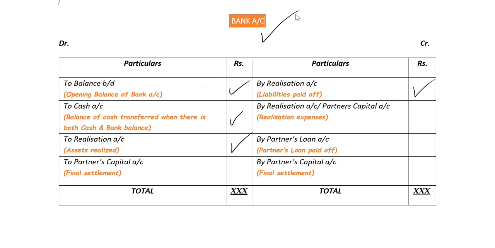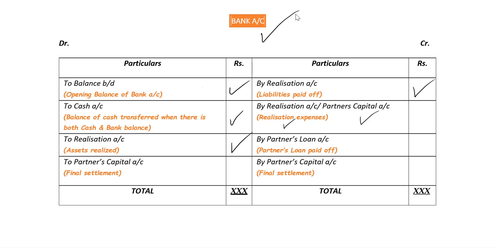For any realization expenses which is to be borne by the firm and also paid by the firm, we will write by realization account. And for any realization expense that has to be borne by the partner but is paid by the firm, we will write by partner's capital account.